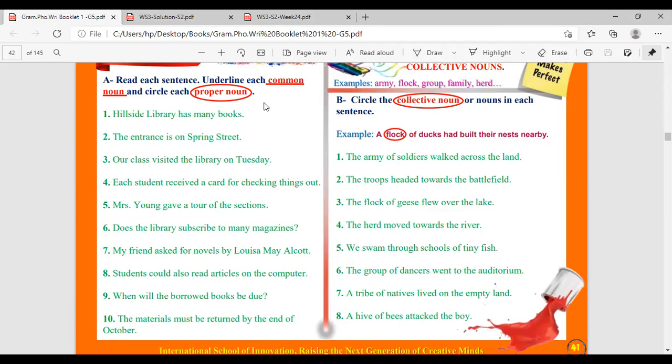So nouns are names. And as you know, we have common nouns and proper nouns. What's the difference between them? Ibrahim, can you tell me the difference between the proper noun and the common noun?